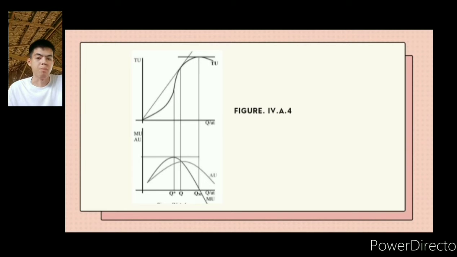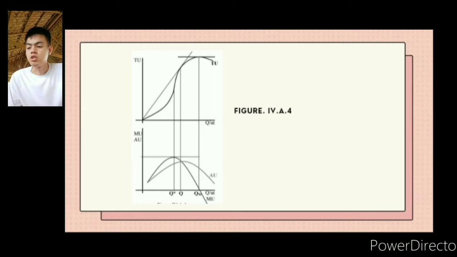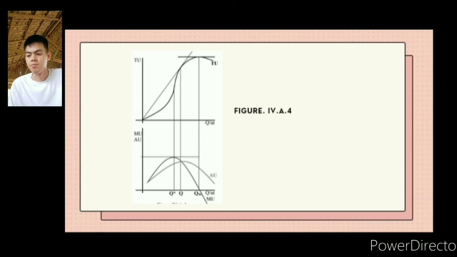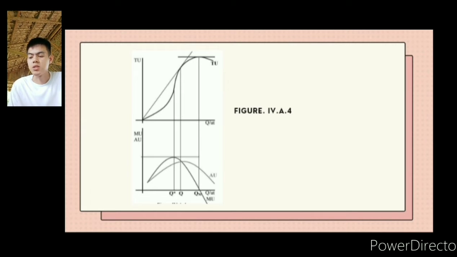Figure 4.A.4. In this figure, we can see the relationship between total utility, marginal utility, and the average utility. So, pinakita dito na ang total utility ay tumataas, yung slope at the moment of increasing rate. Bawat unit of goods na na-consume ay nagko-cause ng pagtaas ng total utility. Then, the marginal utility rises in this range.